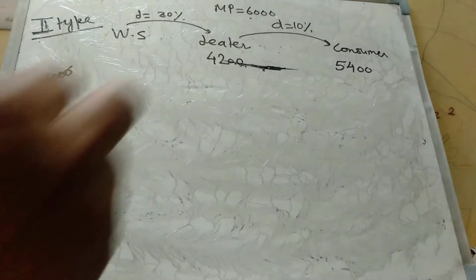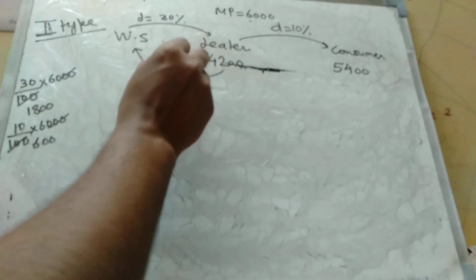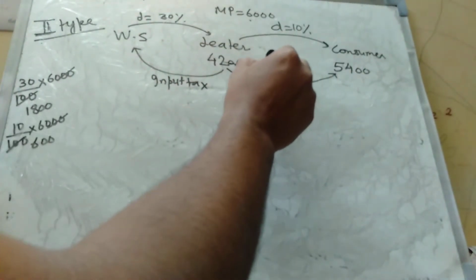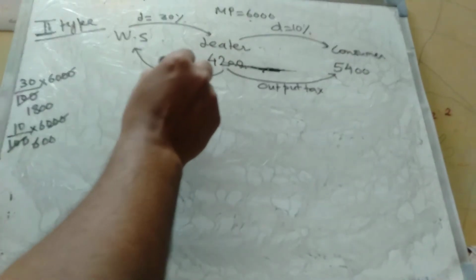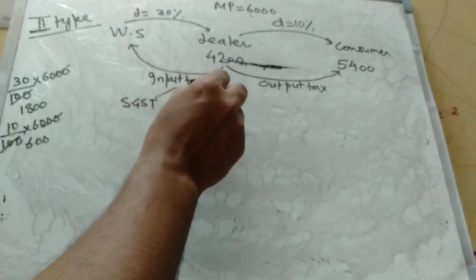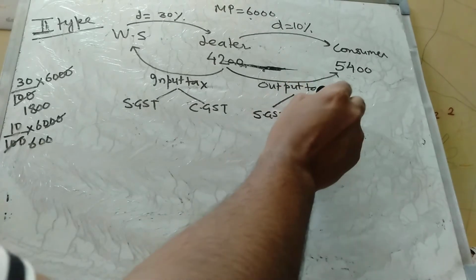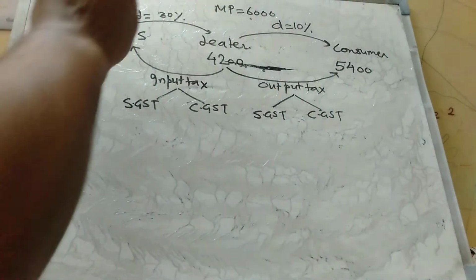Now he will give tax to the wholesaler, input tax. He receives tax from the consumer, output tax. It is divided into 2 parts, SGST and CGST. So the total tax given is 5%.